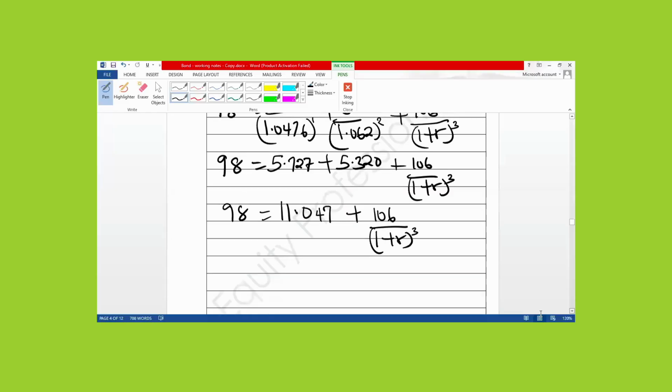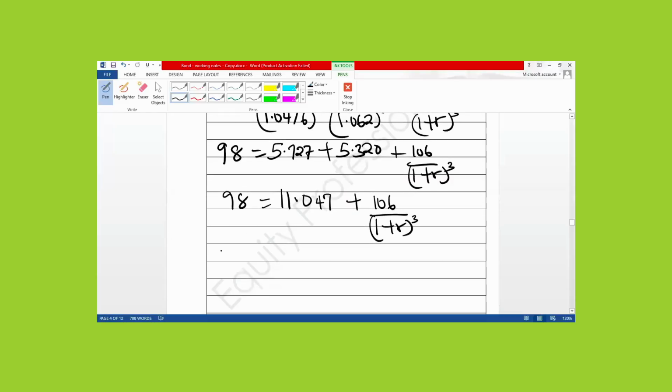Hello, sir. Good evening. What next, mathematician? Collect like terms. Okay, sir. I wanted to find out how come we have 6 as the numerator for all when we have CF1, CF2, and CF3.